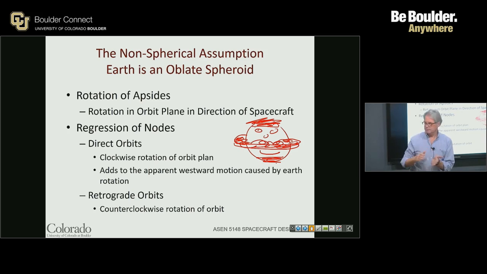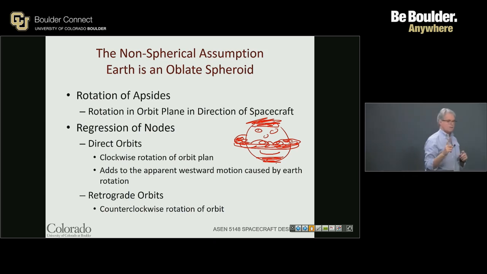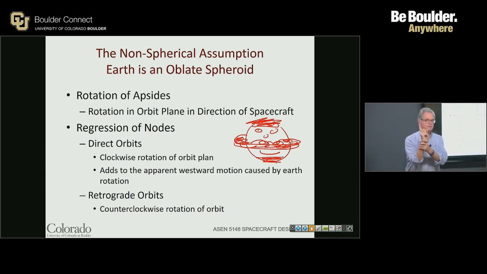Okay? So if I have essentially my line of apsides in a fixed position around the Earth in the orbital plane, let's say the line of apsides goes directly up through the Earth, through the North Pole. As my spacecraft starts to orbit, that line of apsides rotates around the Earth in the direction of the orbit, just because that bulge around the Earth is starting to pull it and starting to want to throw the spacecraft around.